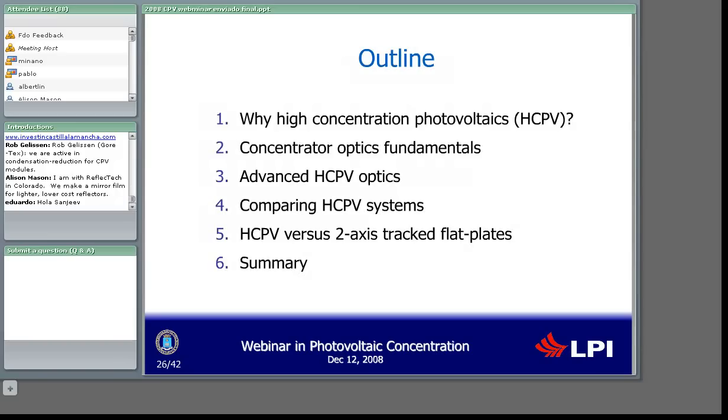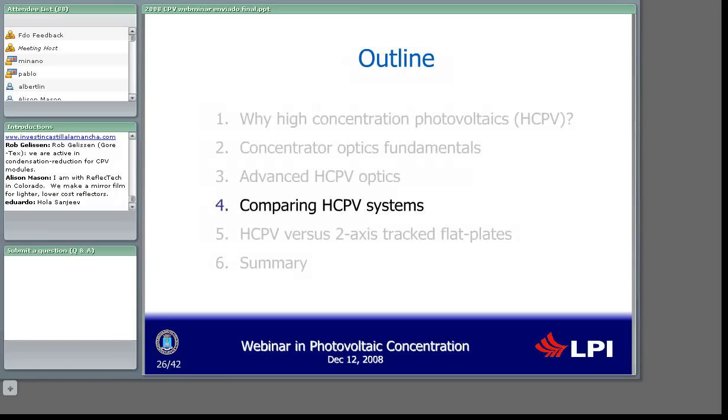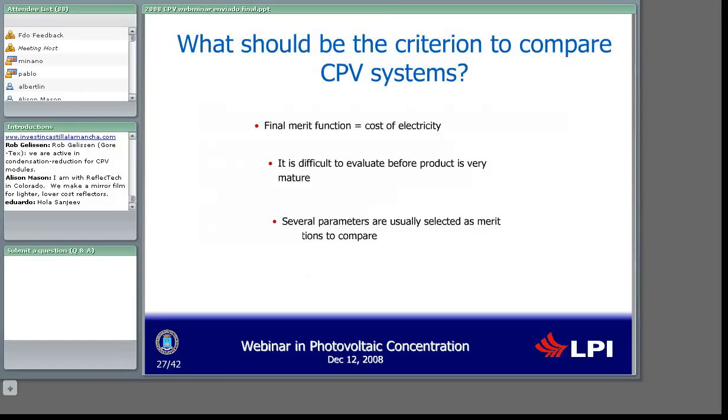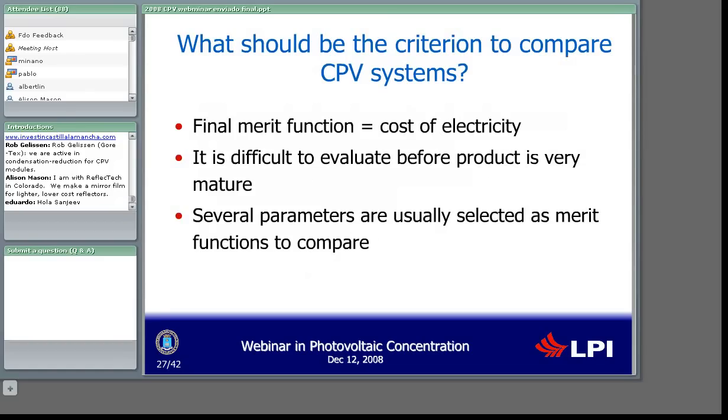Let's continue this talk comparing different high concentration PV systems, particularly to establish how to compare them. The final criterion to compare them would be the cost of the electricity.